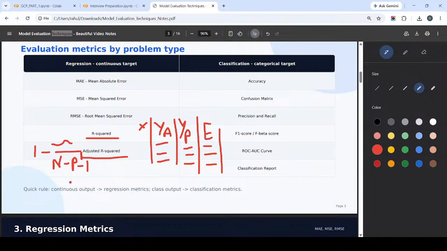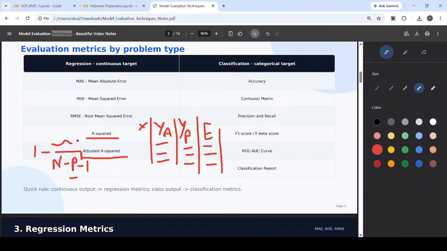When these explanatory variables increase, the denominator value decreases. If the denominator decreases, this division value increases, so 1 minus this becomes lower.